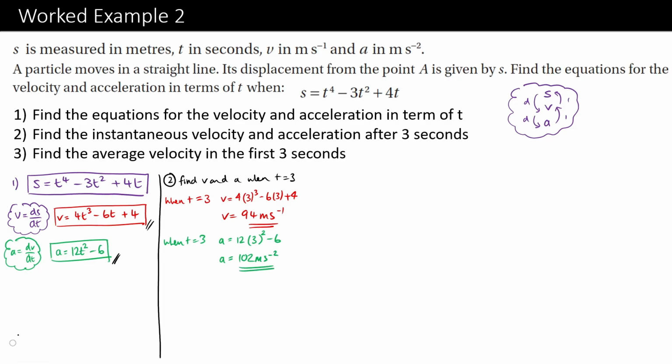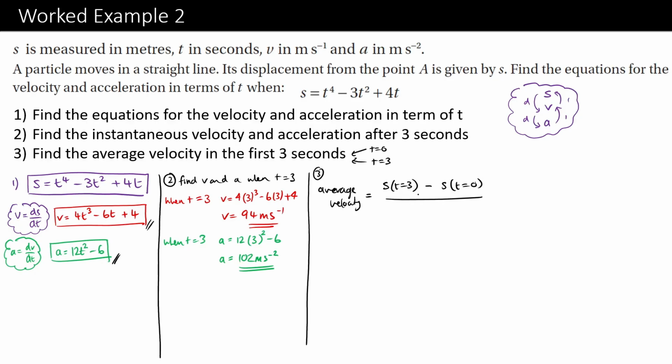Then for part 3, it's asking me for the average velocity after the first 3 seconds. So that's when t equals 0 and t equals 3. So the average velocity equals s when t equals 3 minus s when t equals 0 over the end time, which is 3, minus 0.